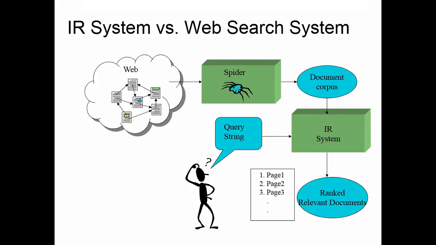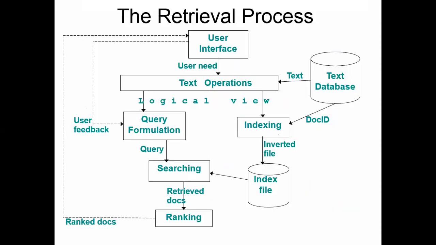Beyond that, whether it is a web search engine or an IR system, they are designed to bridge the gap between the author's world and the reader's world. And according to the user's query, from the organized author's world documents, the IR system is responsible to identify, search, and retrieve those relevant documents which are satisfying the information need of the users, syntactically or semantically, depending on how the IR system is designed.